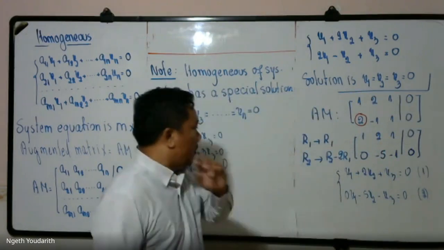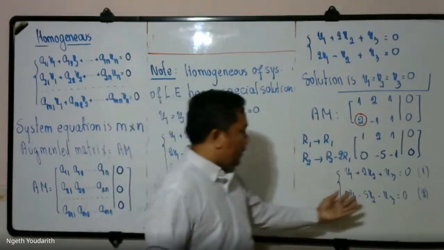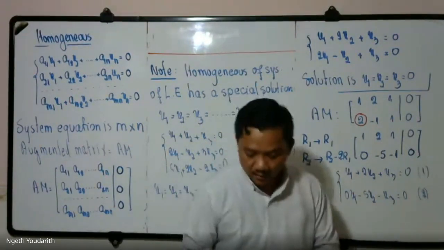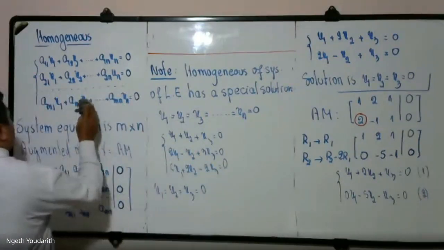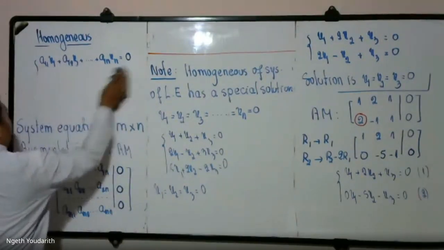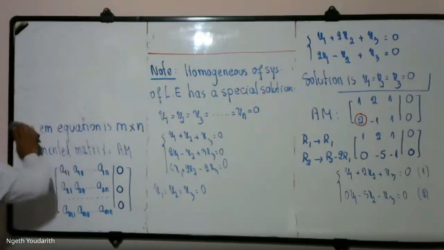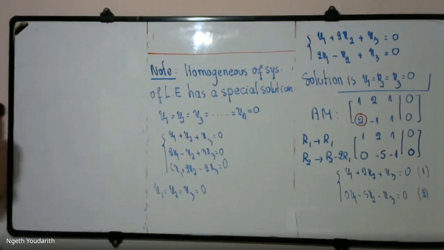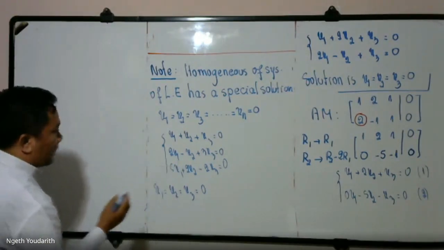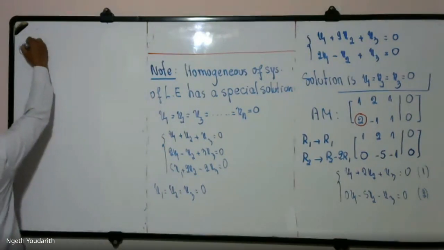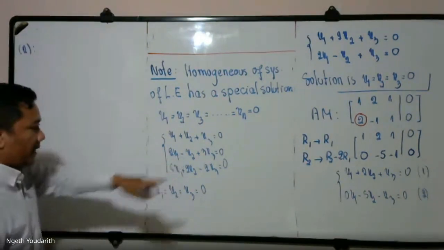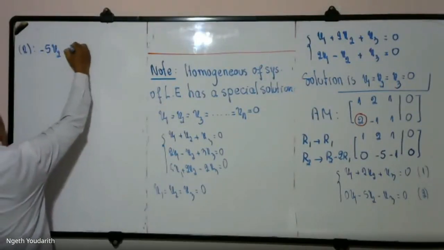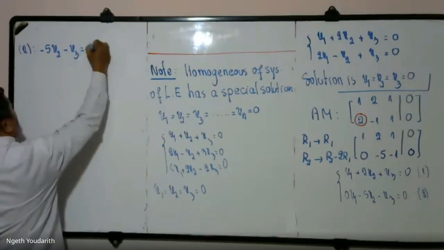If I take equation 2 first, it is minus 5x2 minus x3 equals 0.